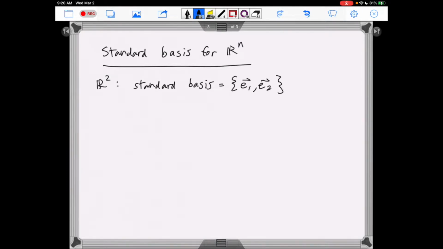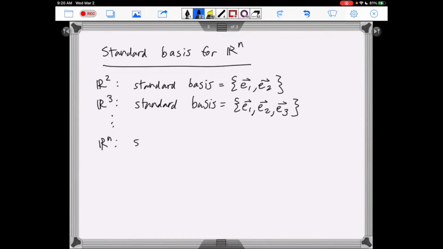Remember, that's just i and j. For R3, the standard basis is e1, e2, e3. And we can keep doing this. So for any n, the standard basis is e1, e2, all the way to en.